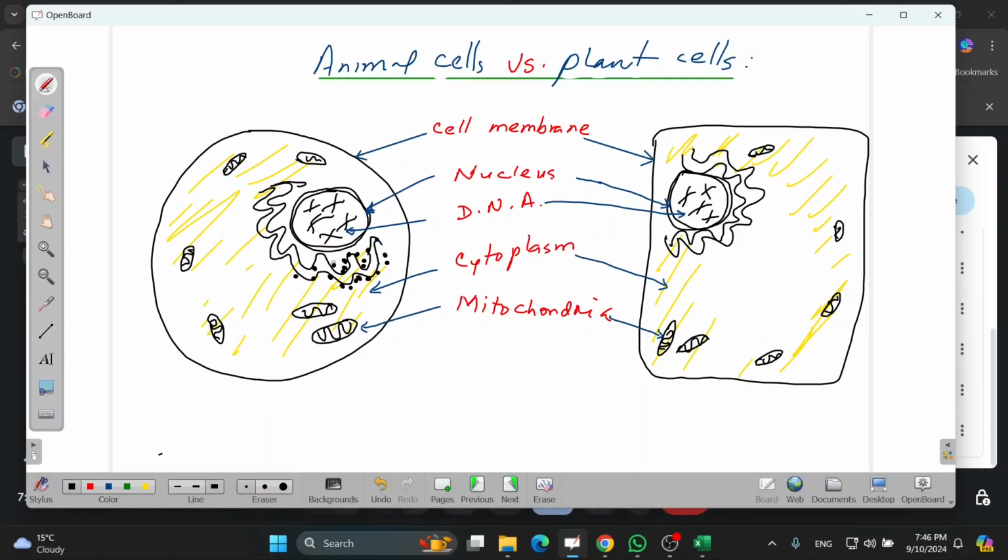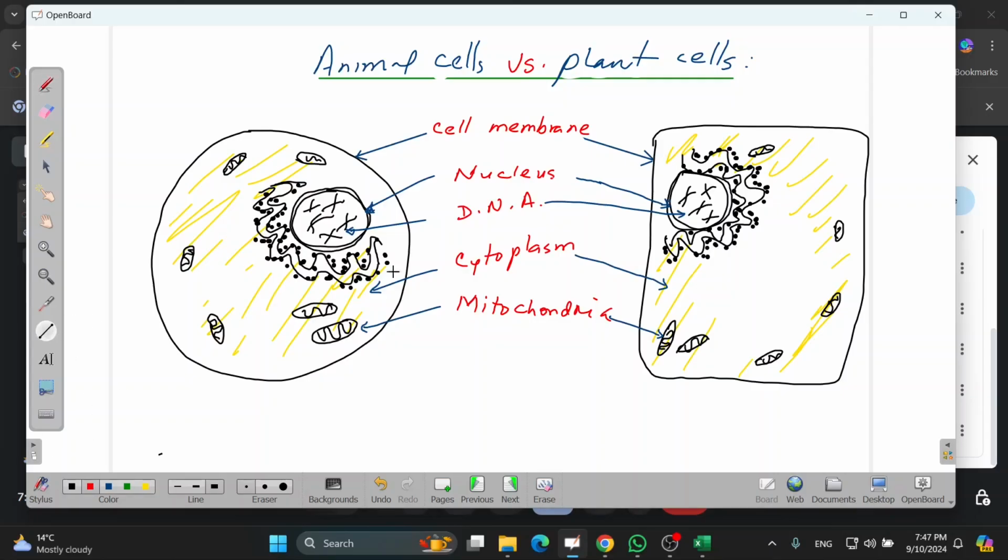These tiny dot-like structures, round like a dot, those are the ribosomes. And the membrane they are sitting on is called the rough endoplasmic reticulum.